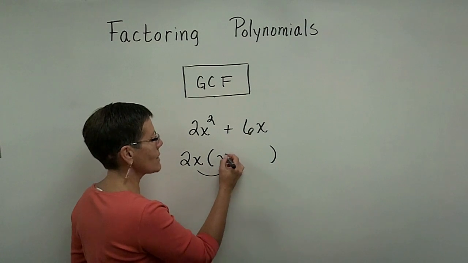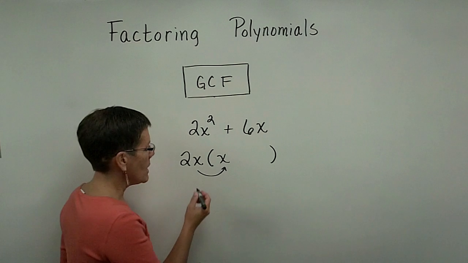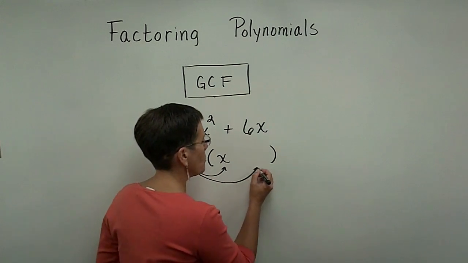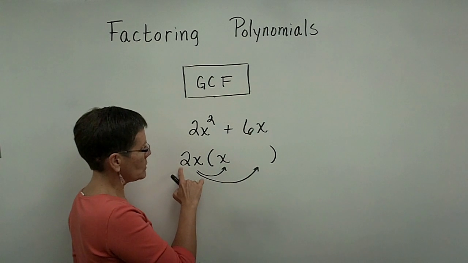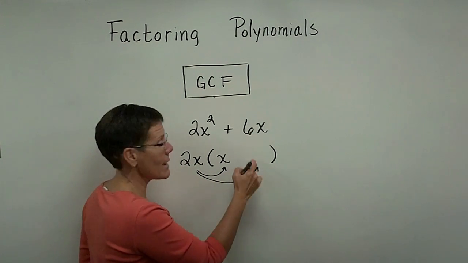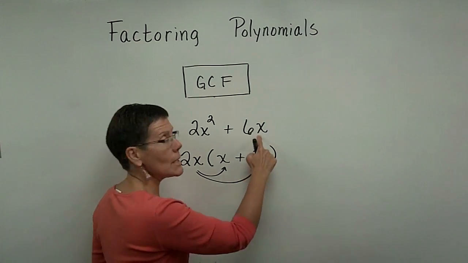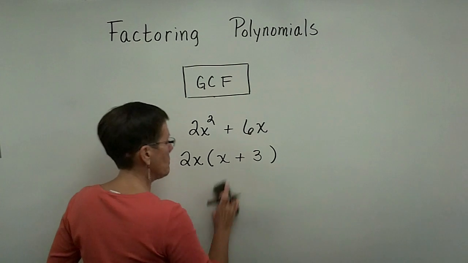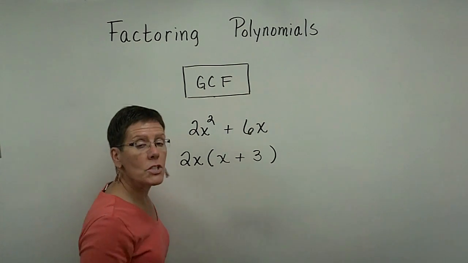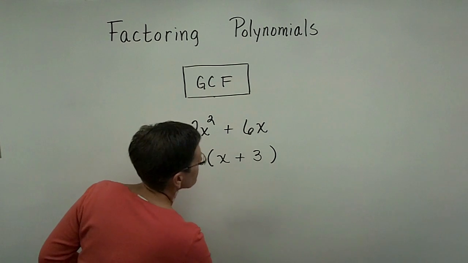I would need an x right here, because 2x times x is 2x squared. Next, I would ask myself, what do I need to put right here if I want to get 6x when I multiply 2x by that? I need a positive 3 here, because 2x times 3 is that 6x. This is the factored form of this expression, and it is the first step in factoring a polynomial: to take the greatest common factor out.